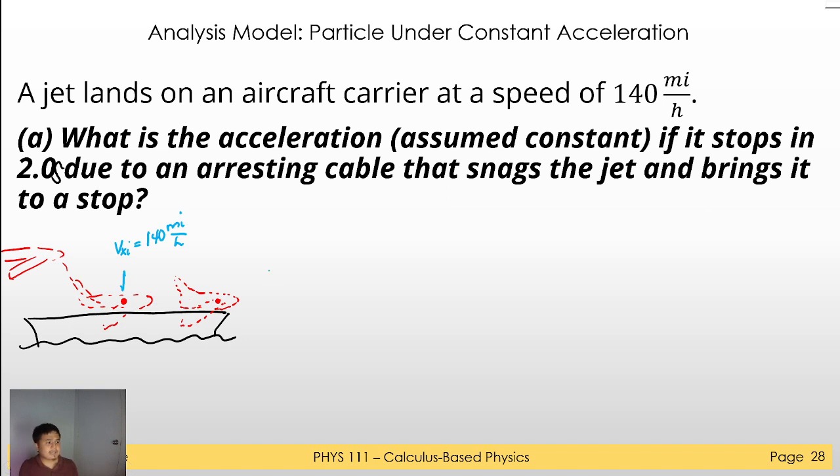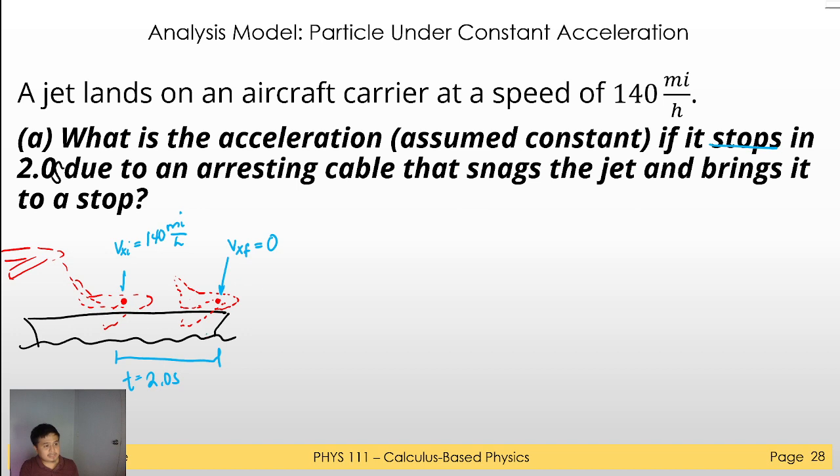Okay? So if it says that it stops, therefore the final velocity v_xf is equal to 0 miles per hour, just 0. And then the duration in between these two velocities is 2 seconds.